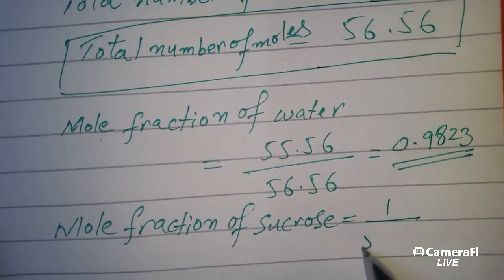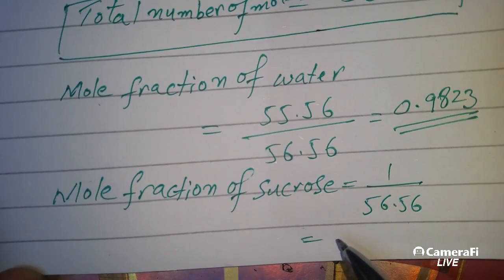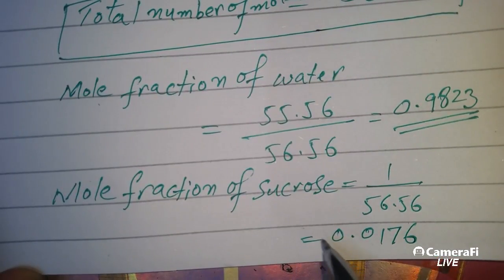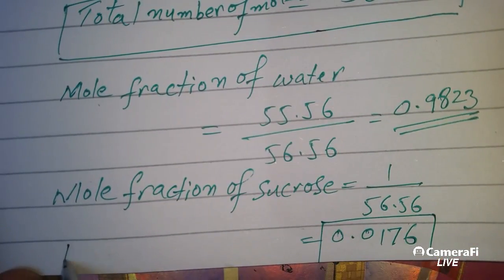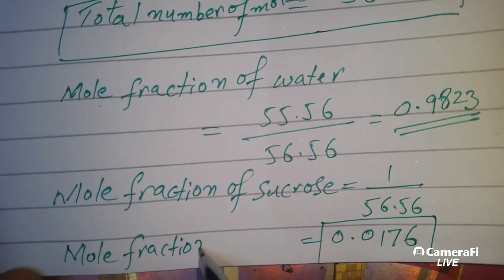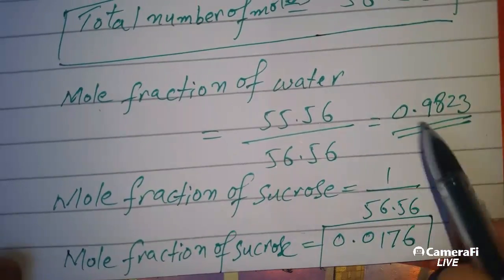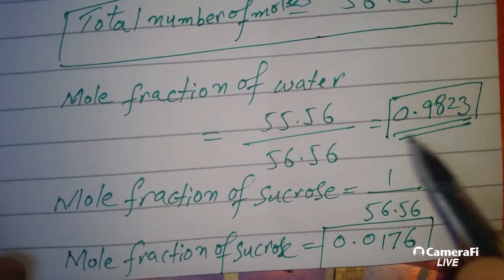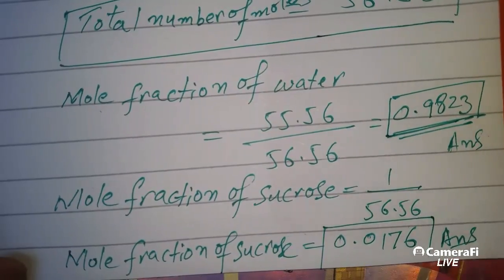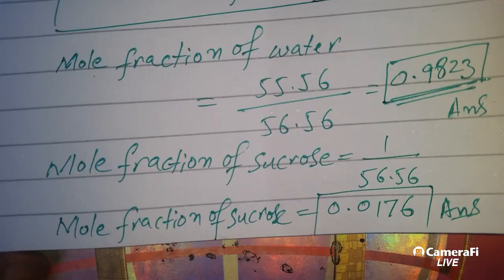It is 1 over 56.56, which comes out to be 0.0176. So this is one answer, and this is the other answer. We have actually found the mole fraction of both quantities.